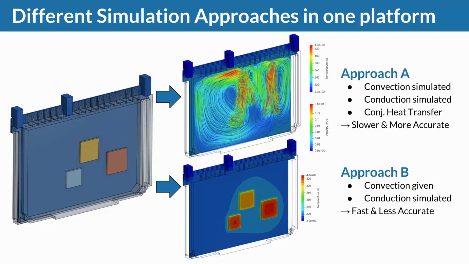If you're unsure, and that's what we're seeing oftentimes with customers, you can run a fully fledged conjugate heat transfer analysis where you actually simulate and solve for the convection as well. And from that, you know what heat transfer coefficient you have, and can then use this as an input to your approach B. I hope that made this question clear. But the short answer is no, we're not neglecting it because it's important. Otherwise, the chips would even be higher, right?